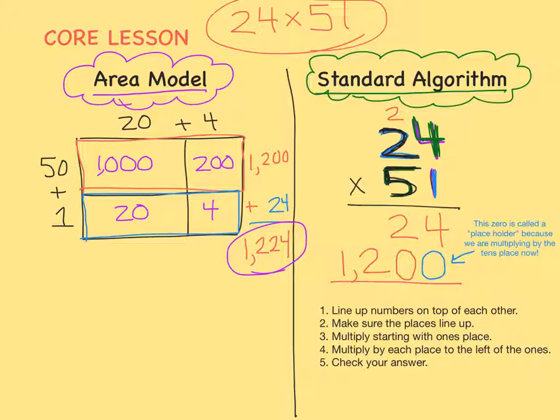We just multiplied the 5, or the 50, times 24 and got 1,200, just like when we multiplied 50 times 24 and got 1,200 in area model. Like before, all that's left is to add these up. Our answers are the same. 24 times 51 equals 1,224, no matter which way you solve the problem.